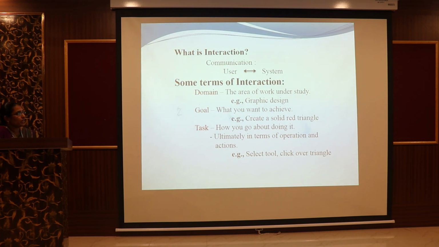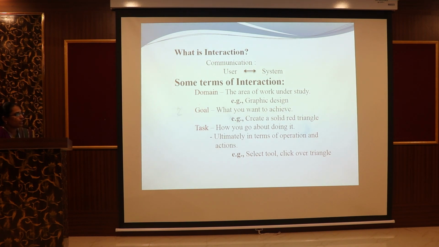Some terms of human-computer interaction. First one is domain, second one is goal, third one is task. Domain means the area of work under study. You take one graphical design: the human first takes the domain, then the goal is what the human wants to achieve, the graphical design.